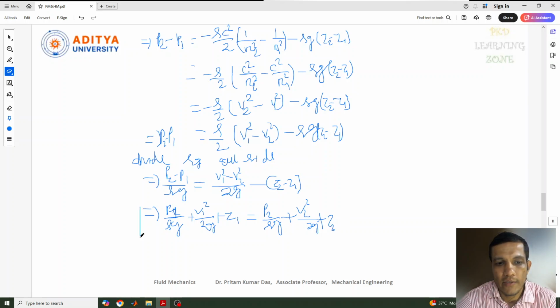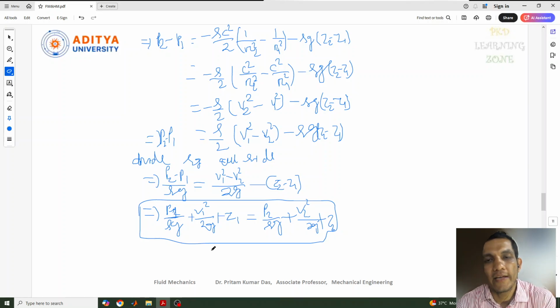This is the equation we get from here, and this equation is actually known as Bernoulli's equation. This is part of Bernoulli's equation.